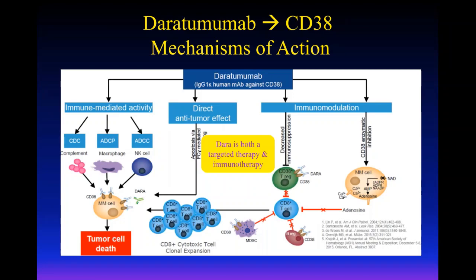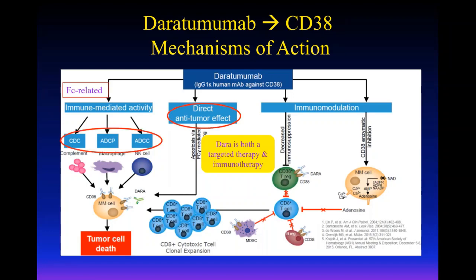And as you can imagine, Daratumumab, upon binding to these immunosuppressive cells, eliminates them inside the microenvironment, and that will unleash the myeloma-specific T cells to further contribute to cytotoxicity of the myeloma cells. And so with that, we have two important randomized controlled studies.